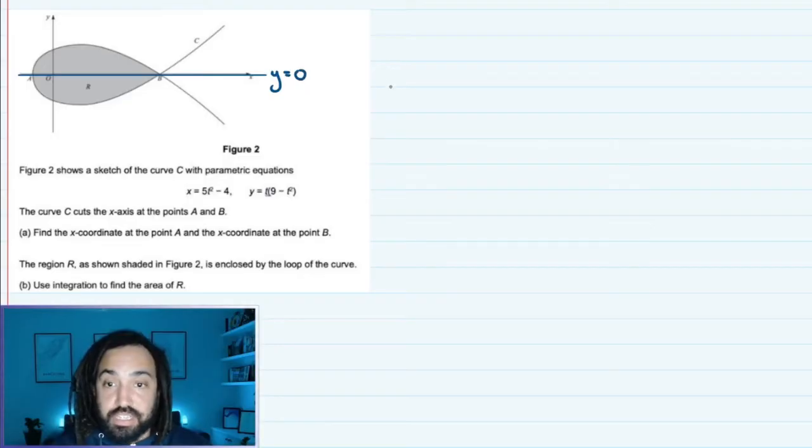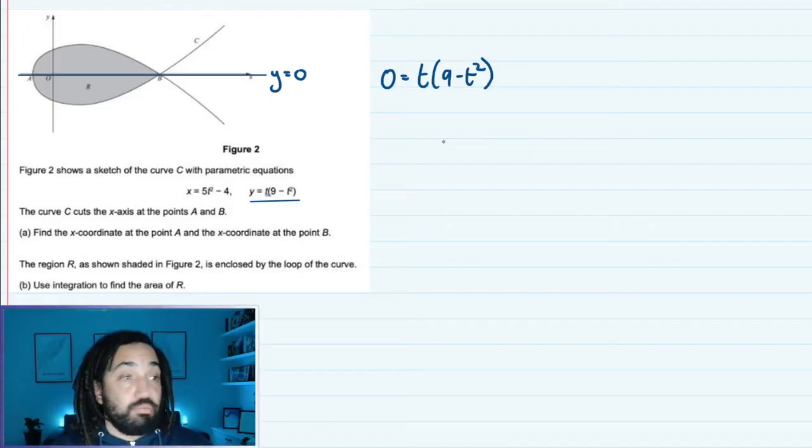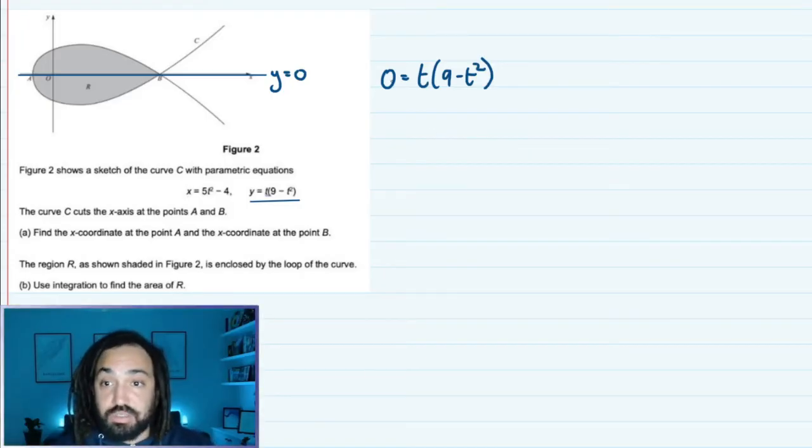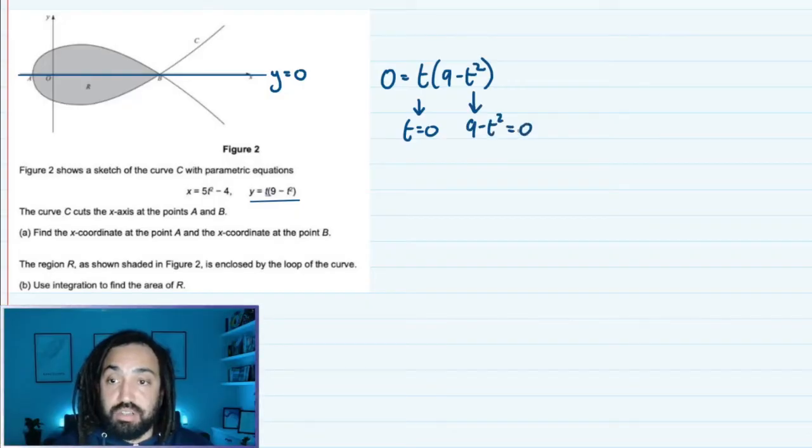So we're going to set the y equation, which is this one, equal to 0. So 0 is equal to t(9 minus t squared), which is perfect. It's factorized already, so we can just pull out the solution. So t equals 0 from that one, and from this one 9 minus t squared equals 0, which means t squared equals 9, which means t equals plus or minus 3.